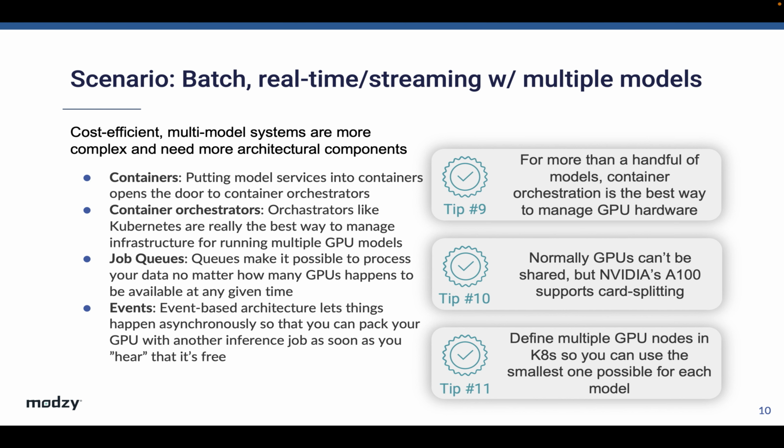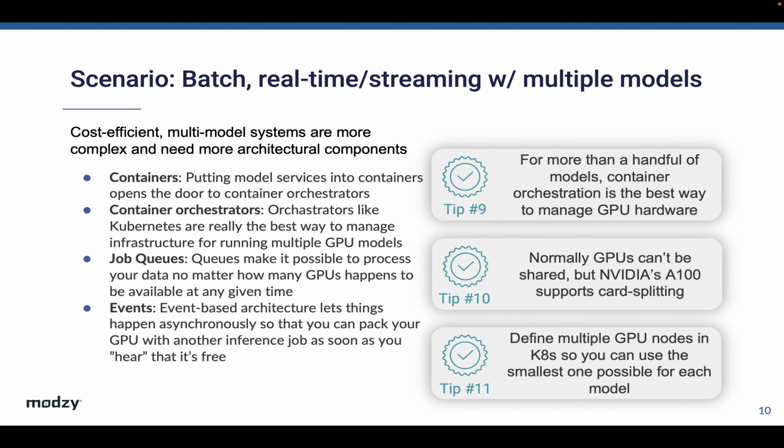This is really nice because from a cost saving standpoint, you can make sure that you're packing your GPUs with data 24/7. So that as soon as the queue for this particular model has been drained, you can shut that model down, and now that GPU is available for another model.